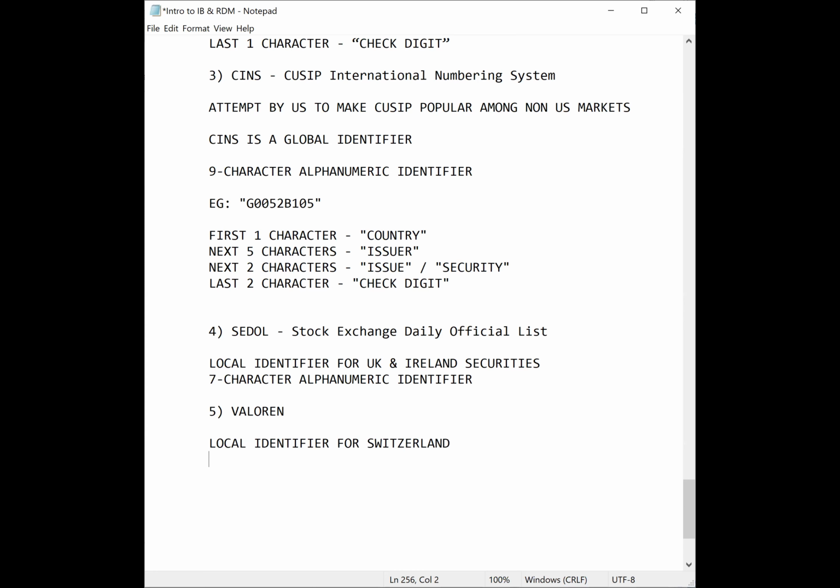If you can give examples of some security identifiers, that's fine. It is of 6 to 9 characters. It is issued by SIX Telekurs. This is the NNA for Switzerland.